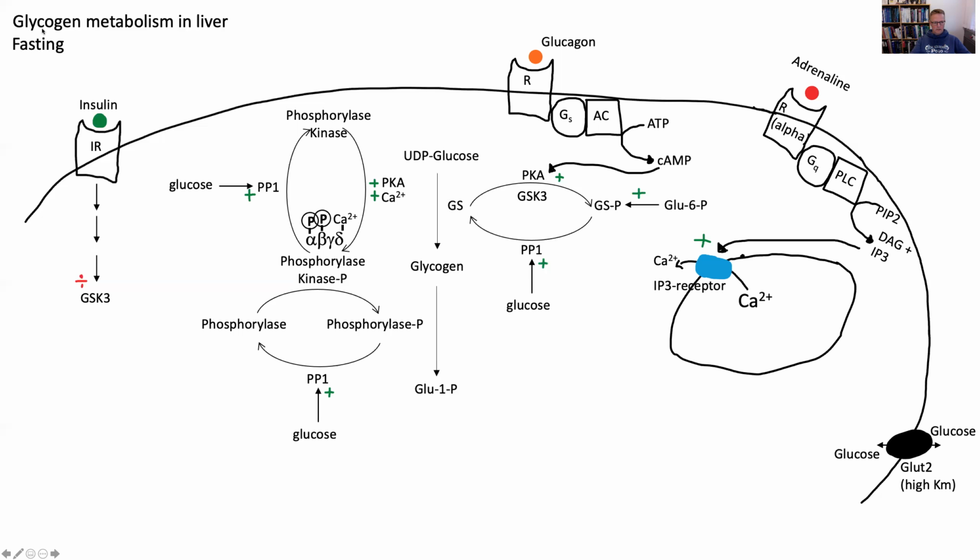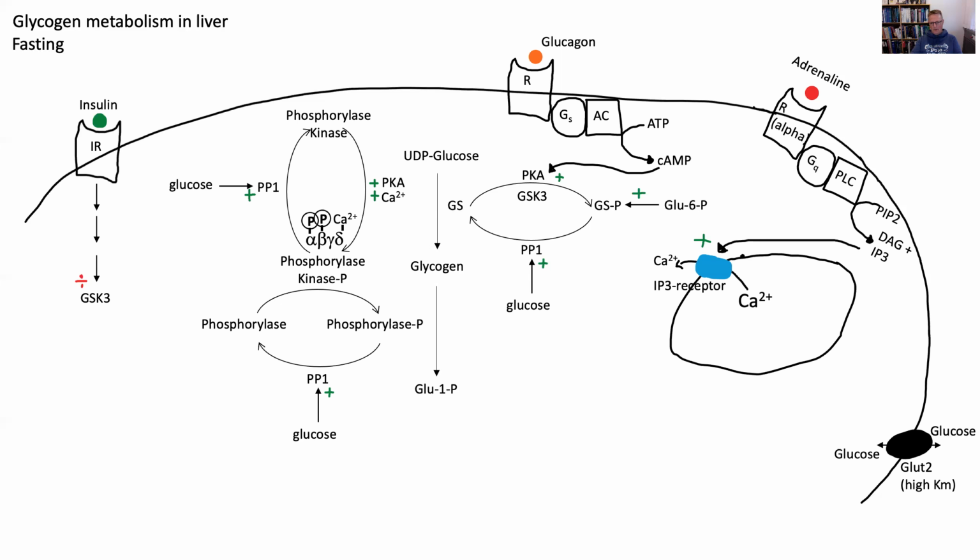So in a fasting situation where the insulin levels are low, glycogen synthase kinase 3 or GSK3 will be active, leading to a further inhibition of glycogen synthase.